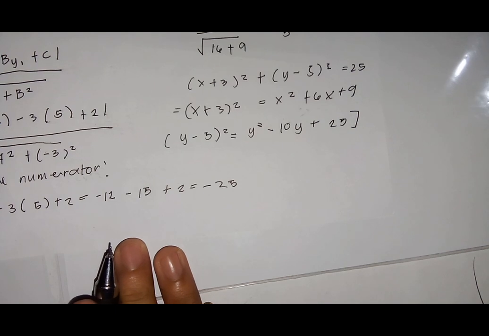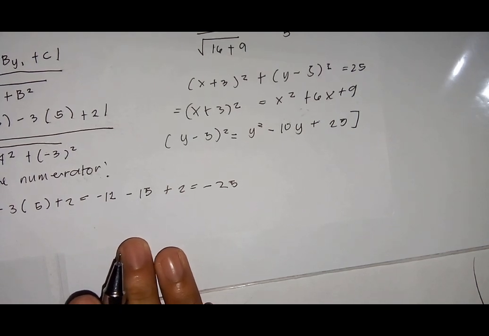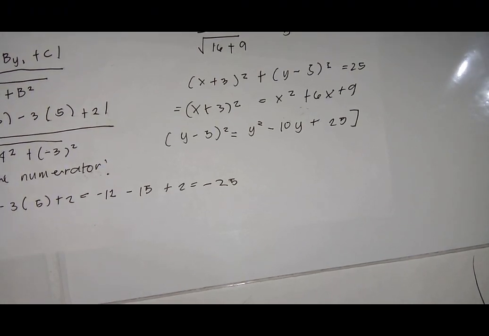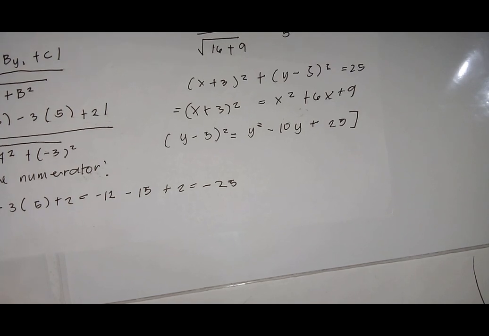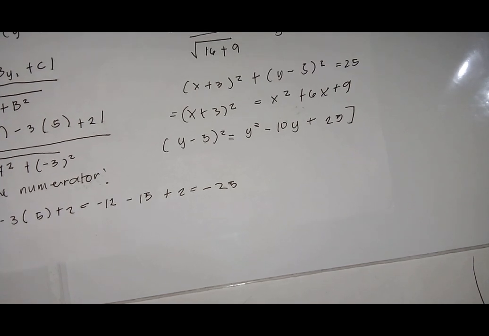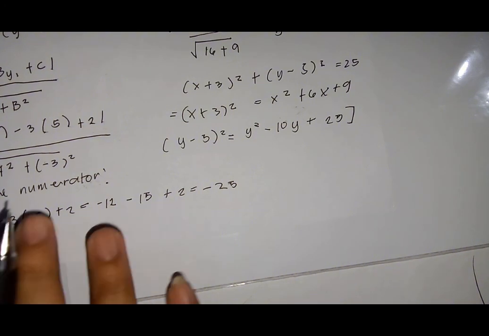So thus the equation of the circle becomes x squared plus 6x plus 9 plus y squared minus 10y plus 25 is equal to 25.